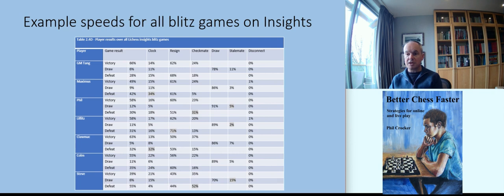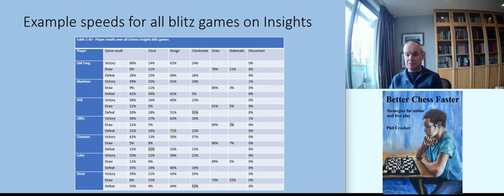You can also look at, this is another canned report you can get from the Insights data. You can set it up to give the reason for the game ended, so whether it was time, resignation, checkmate, draw, stalemate, disconnect. And you can look through this and you can use the data to try and identify areas where you might change.